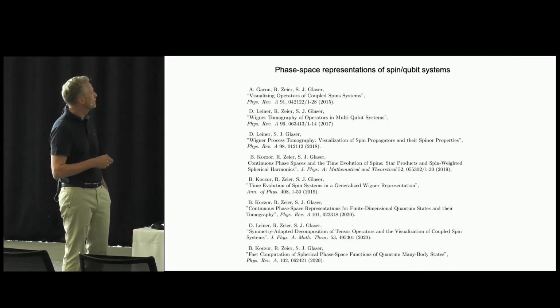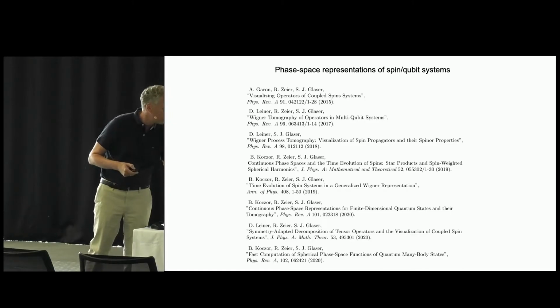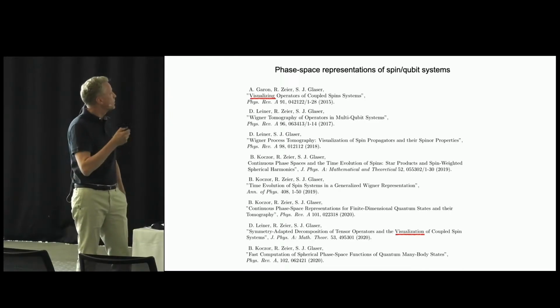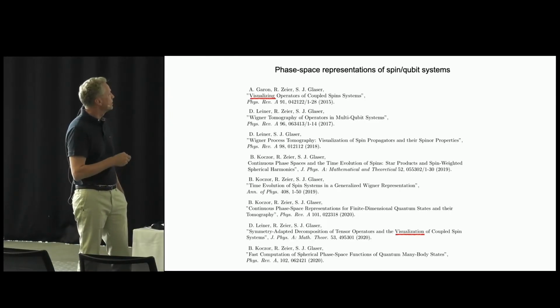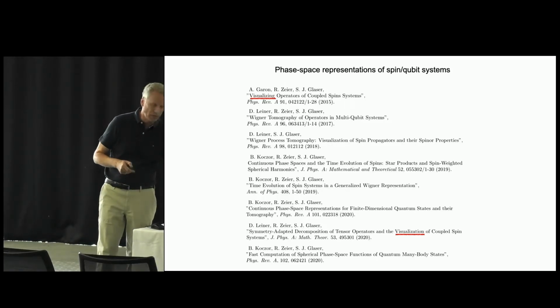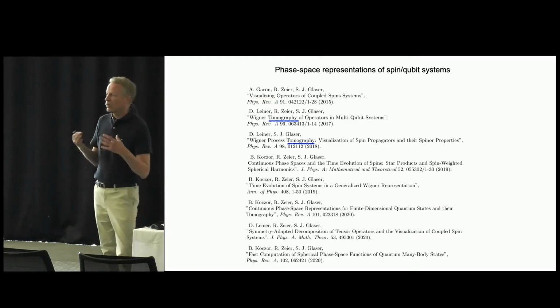And just to indicate, there has been a lot of work. The first paper by our group in this direction was from 2015, and then there are many more topics we studied, but these 2 papers are the most important for the visualization, and basically we can visualize arbitrary quantum systems.